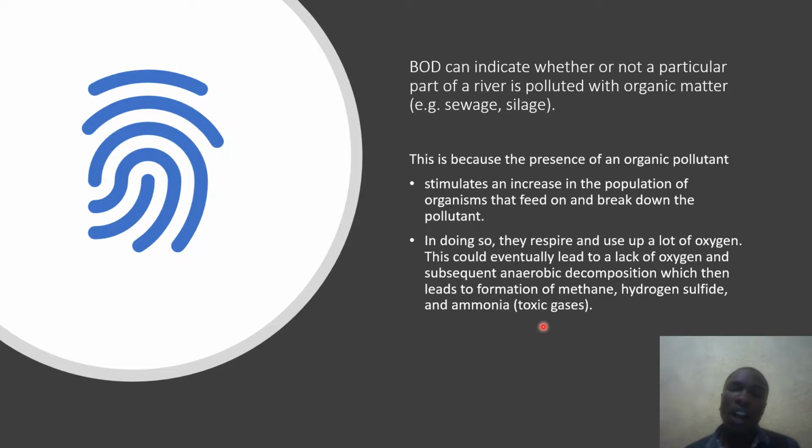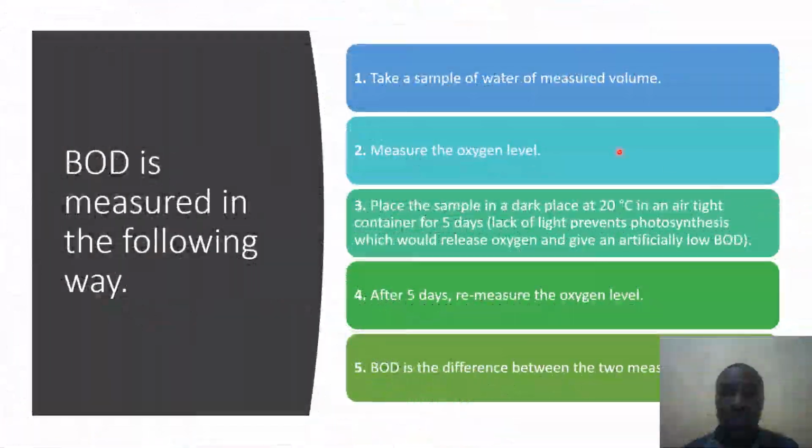So, how do I carry out a BOD? One, you take a sample of water and determine its volume. We can use a measuring cylinder. Then we measure the oxygen level using the apparatus which I've just showed you.